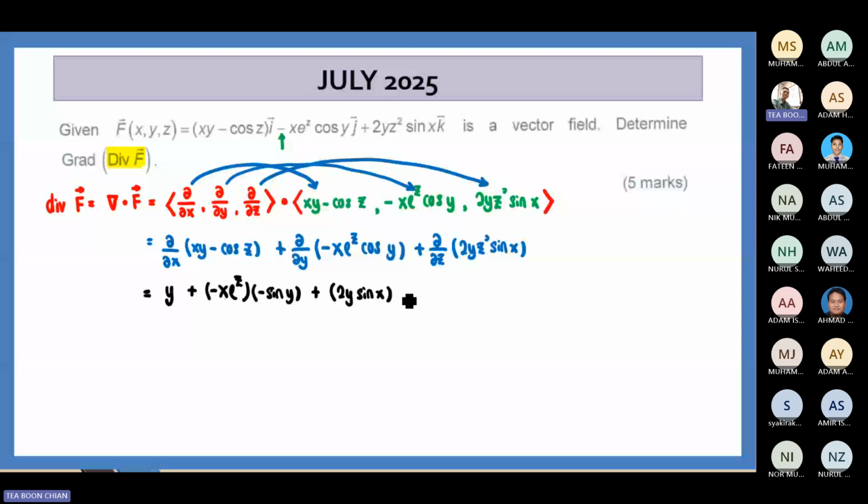Y plus negative becomes positive. X exponent power z sine y plus 2y sine x multiplied by 2z, 4y z sine x. So this is the divergence of the vector f.